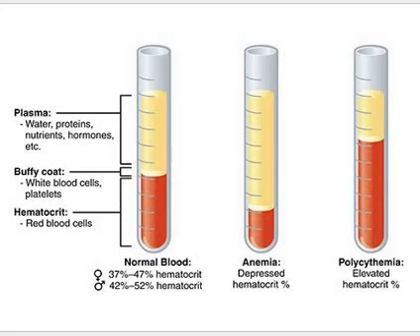So it is very important to maintain the hematocrit in the defined range: for males it is 42 to 52 percent, and for females it should be 37 to 47 percent.